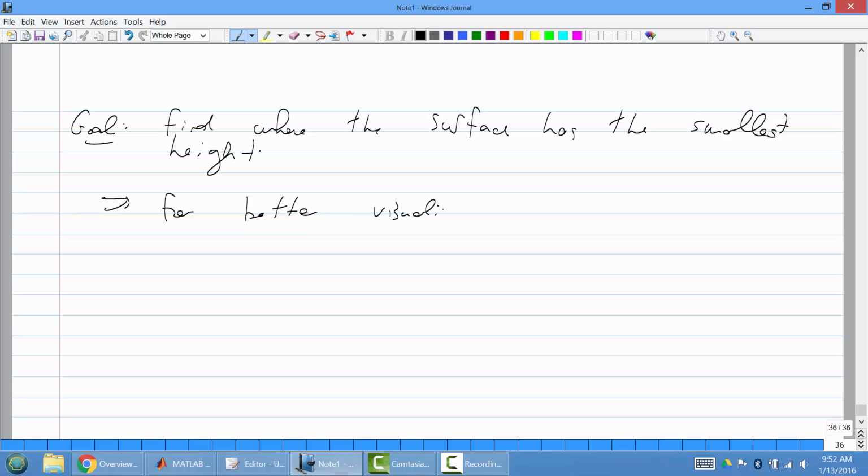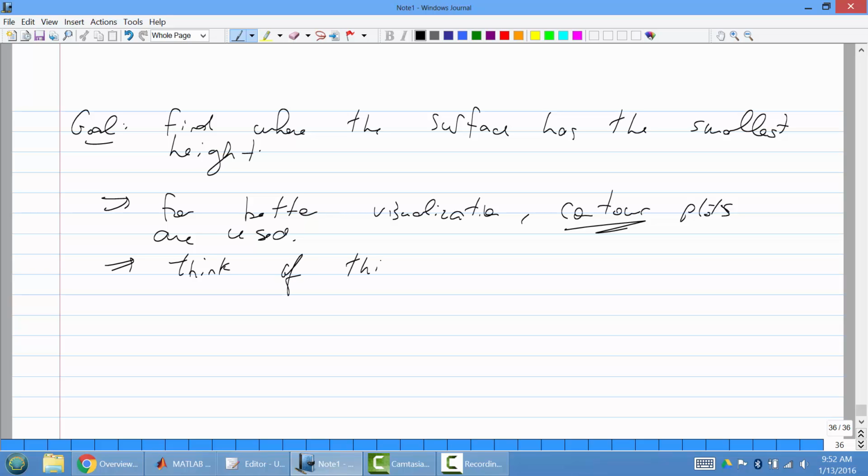So for better visualization, contour plots are used. These are actually pretty useful. Okay, so think of this as dividing your surface into cross-sectional slices.